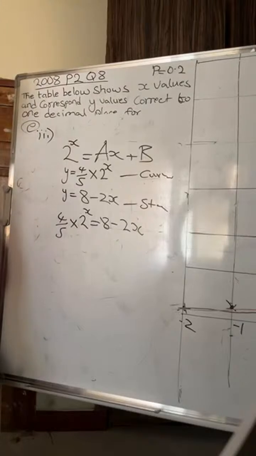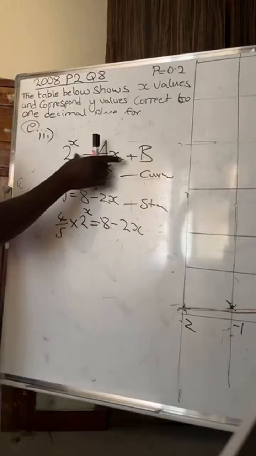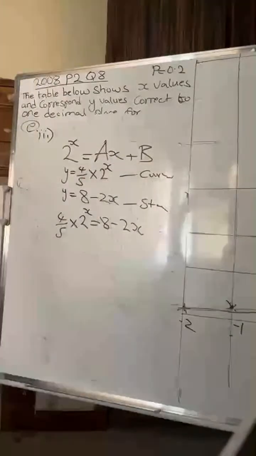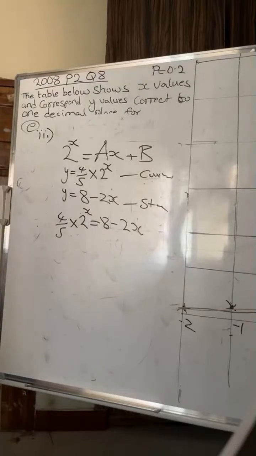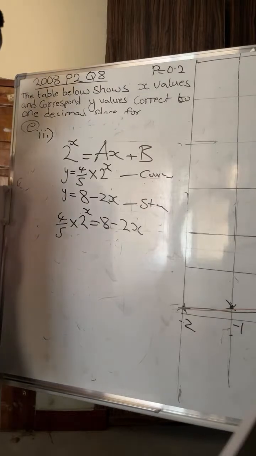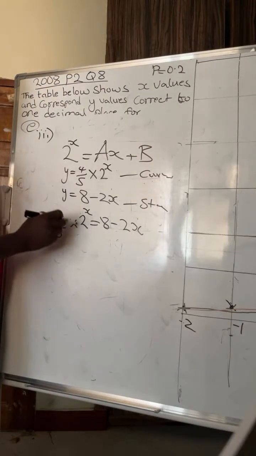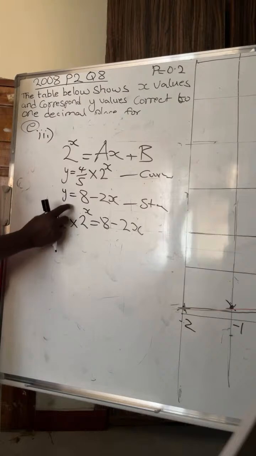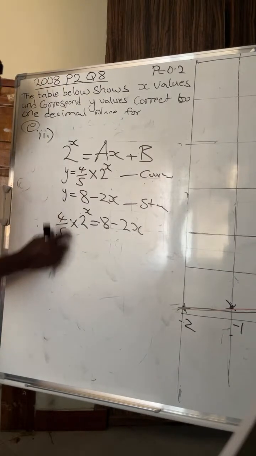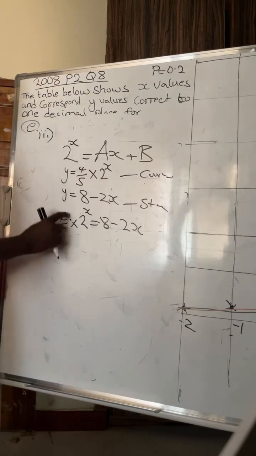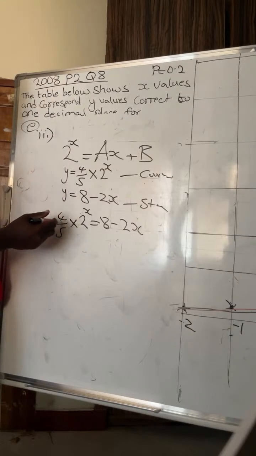So what we do, we can just get rid of this. How do you get rid of this? You find the reciprocal.